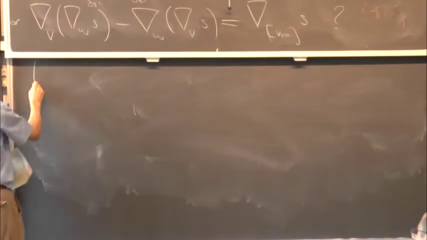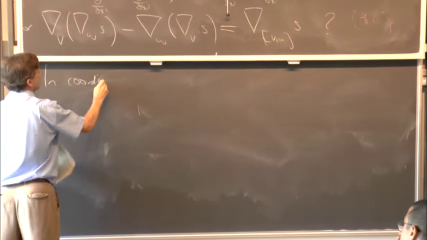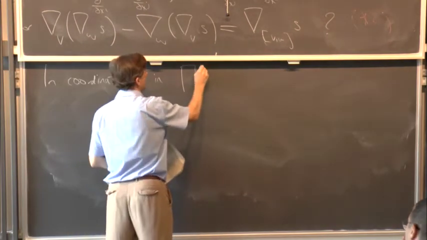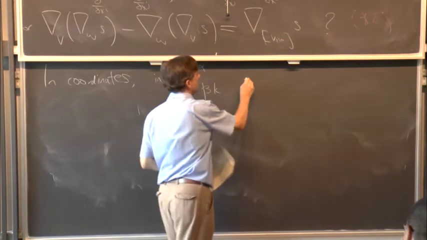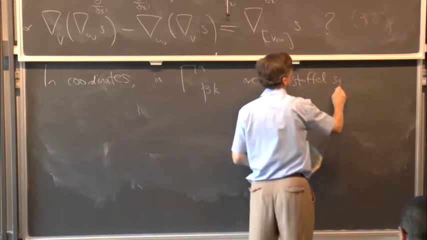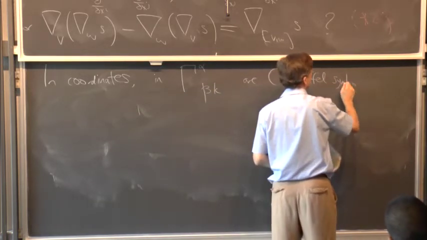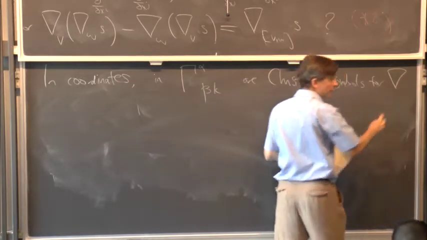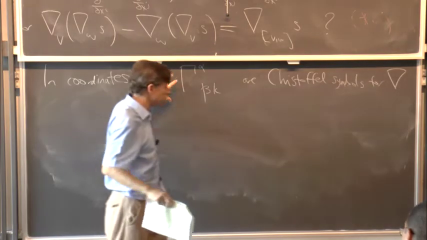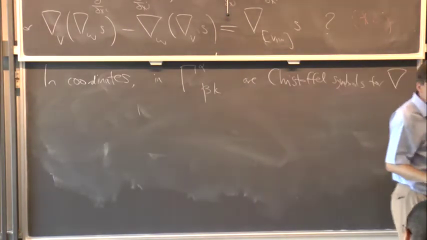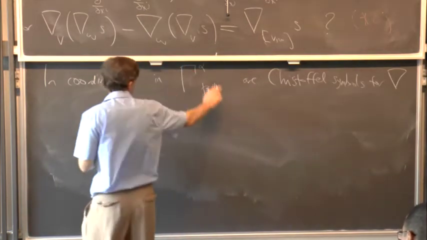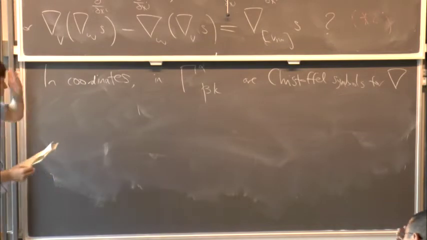So in coordinates, if Gamma alpha beta k are Christoffel symbols for nabla. So that is, if we choose some open set, and on that open set we choose coordinates on the base X, and then we choose a basis of sections e1 up to ek for the vector bundle on that open set, and then we get these Gamma alpha beta representing the connection in coordinates.